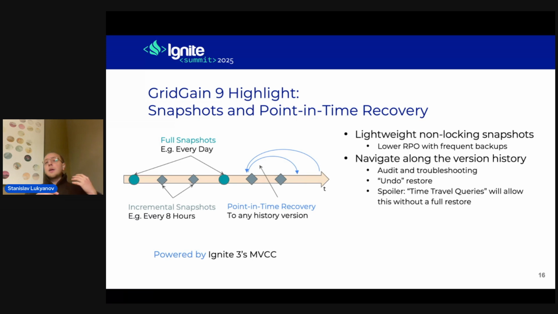With Ignite 3's MVCC, multi-version concurrency control, and with log-free data access, we are now able to make snapshots even more lightweight, non-locking, with absolutely zero locking, allowing to take snapshots even more frequently throughout the day, allowing the user to reduce the RPO and get to an overall safer, more reliable system.